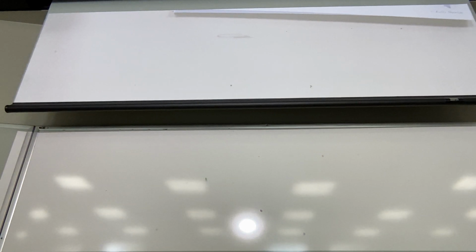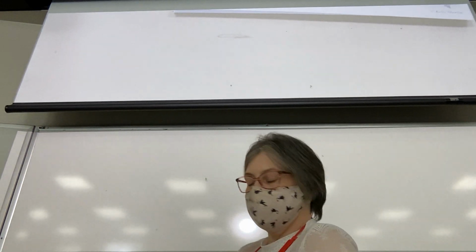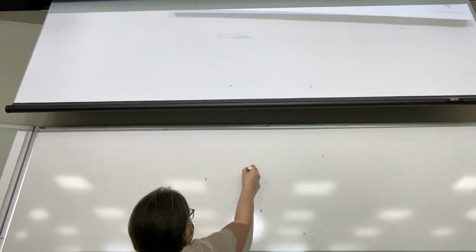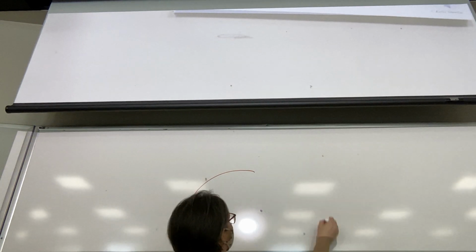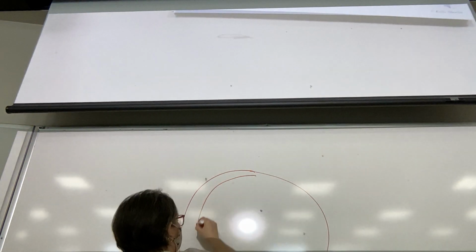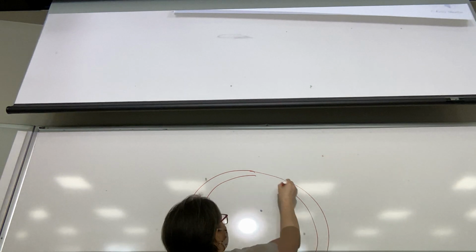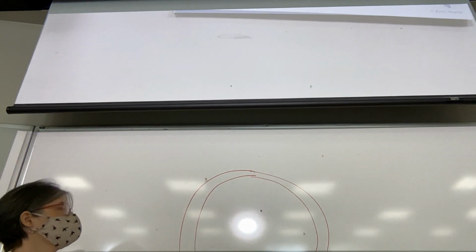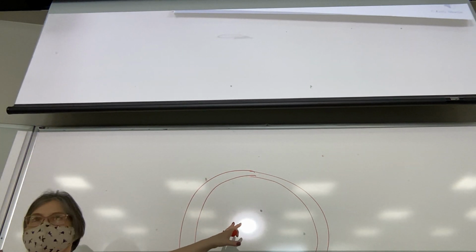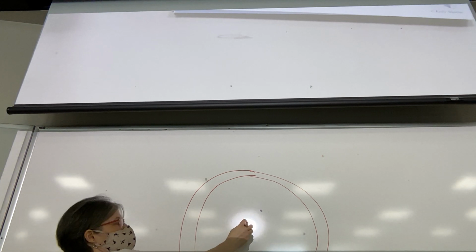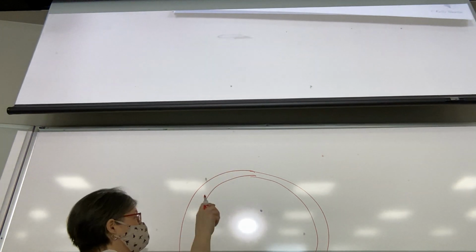So I'll draw a circle on the board, and that's going to represent our loop. So instead of having that 3D picture now, the loop is here. Everybody can see that okay, right? And the axis is coming out of the page towards you.